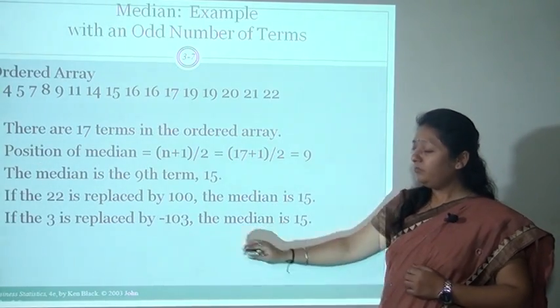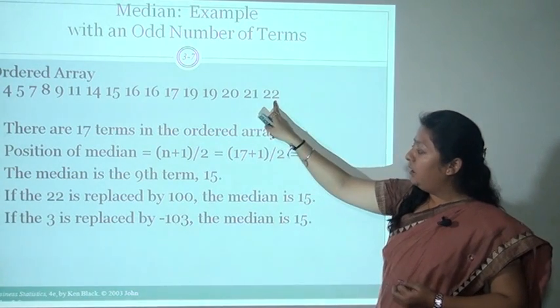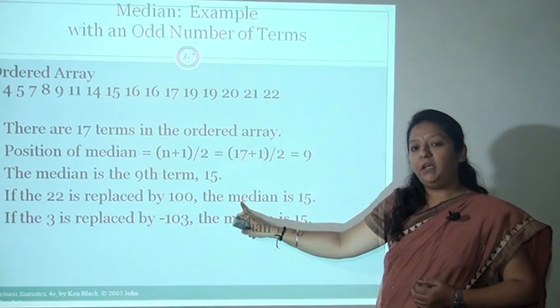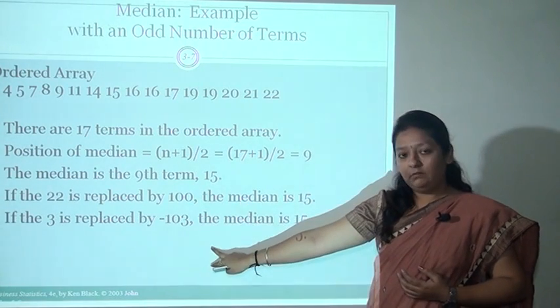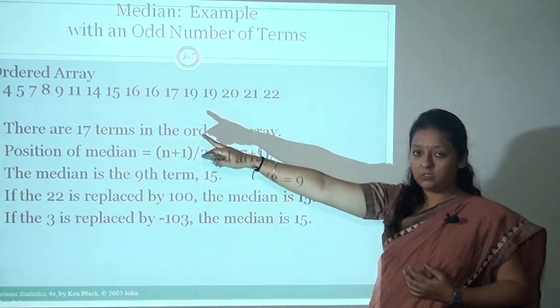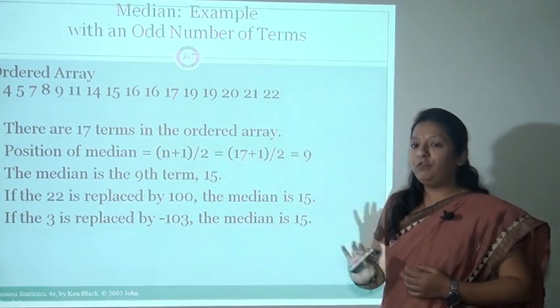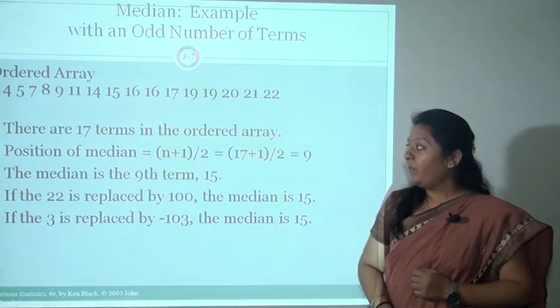So if 22 here is replaced by 100, the value of the median will remain the same. If 3, the first item, is replaced by minus 103, the value of the median will remain the same.